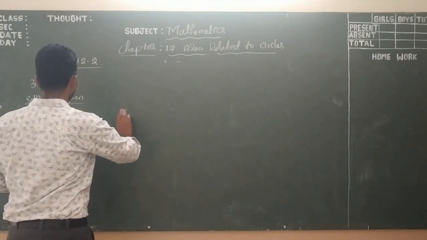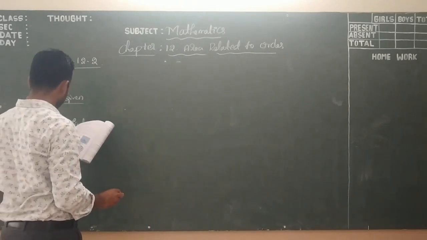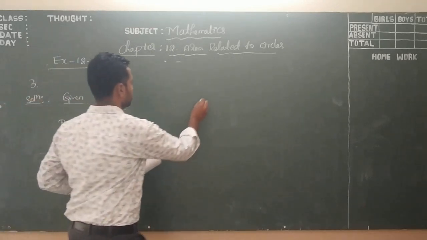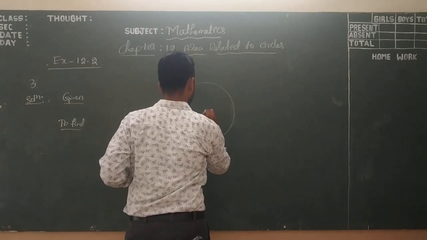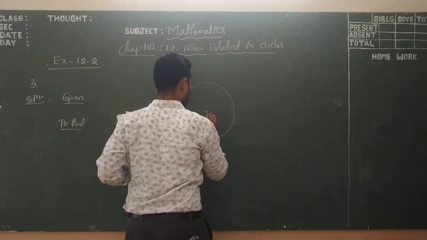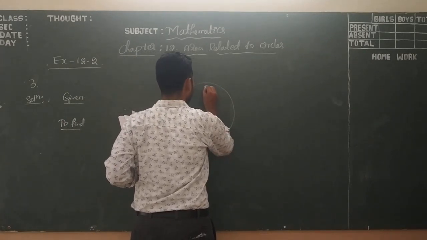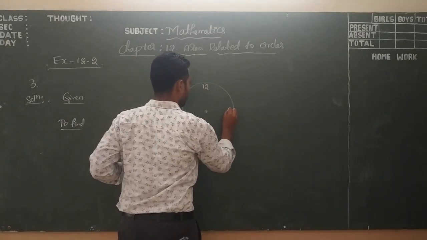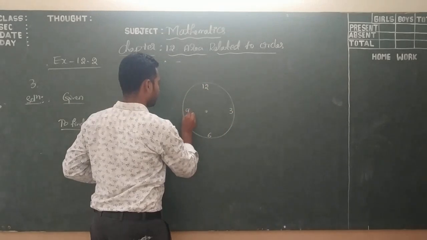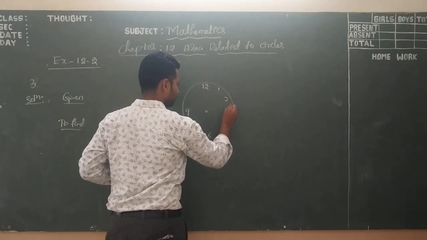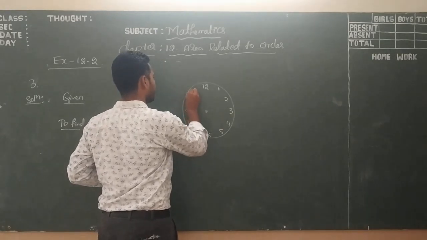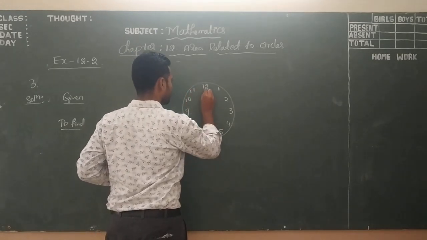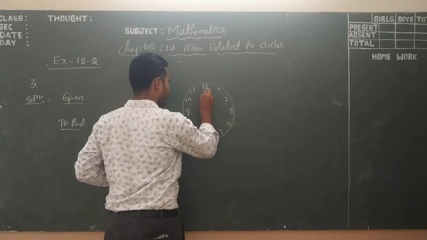See here, the given is the length of the minute hand. See, this is a clock with the minute hand, with 12, 3, 6, 9, and 1, 2, 4, 5, 7, 8, 10, 11. Suppose this is the minute hand.